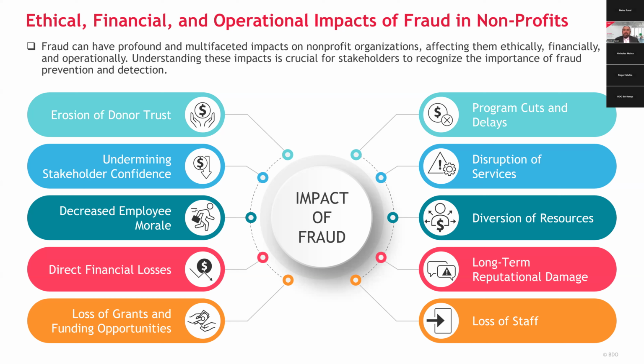We know that resources that would otherwise be used for mission critical activities would be diverted to address the fraud. For example, you need to do an investigation, you then need to do an audit, you need to deal with the lawyers in legal proceedings, and so on.